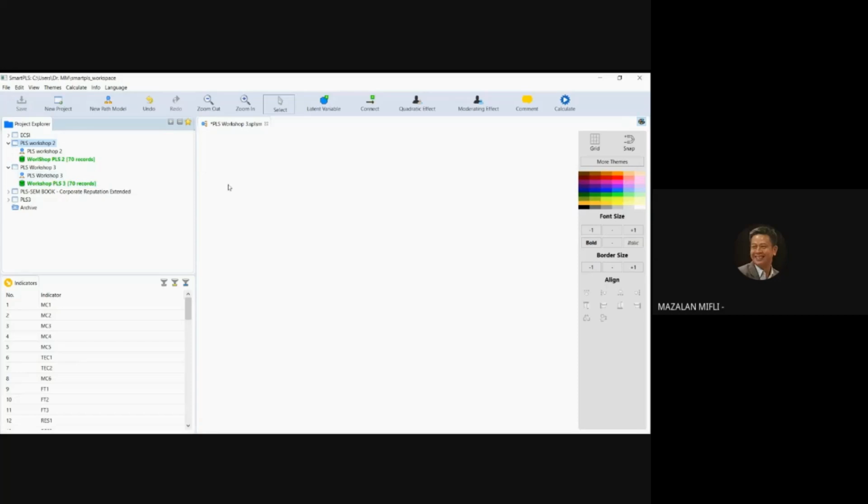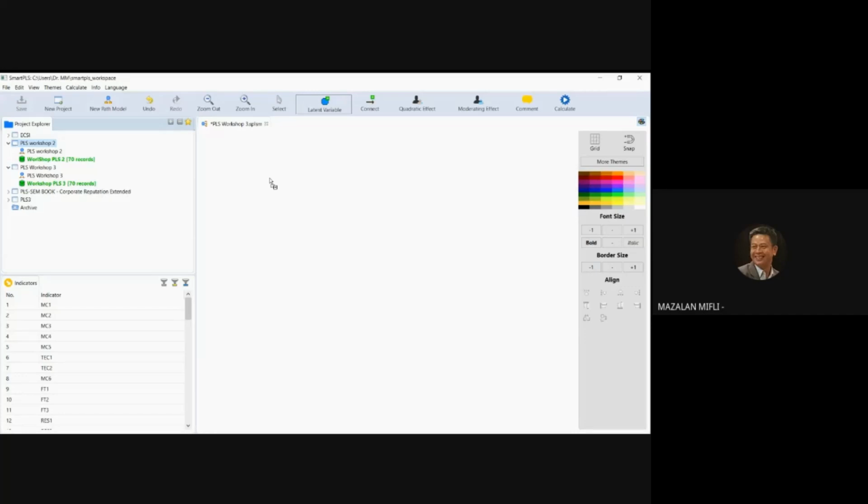Workshop 3. We're going to create some latent variables. I believe that most of you already know this, so I'm going to go very quickly here. If you recall my first slides, I'm going to draw the whole structural model and save that.